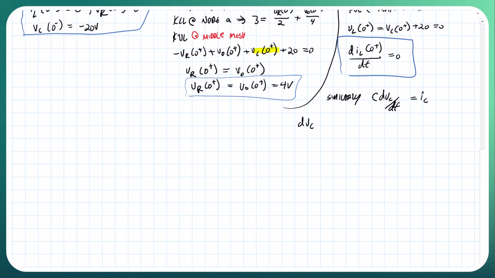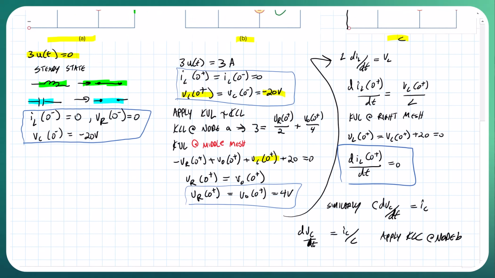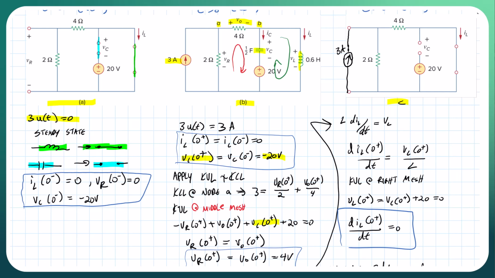So dVC over dt is equal to IC over the capacitor, and then we apply KCL at node B. Node B is going to be up here, to get the current going in versus the current going out.